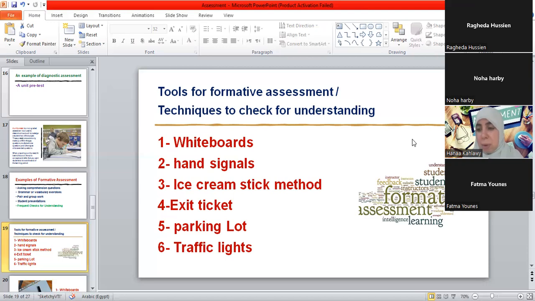And yes, it's a way to manage your classroom. For the whiteboards, we learned with you in our early days of training a technique using whiteboards for the students to write their answers quickly.